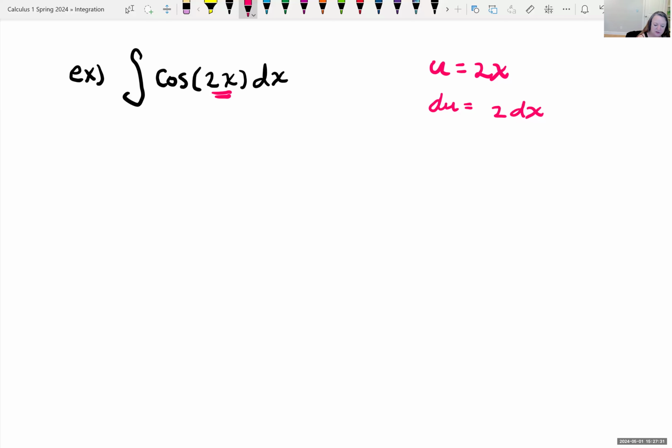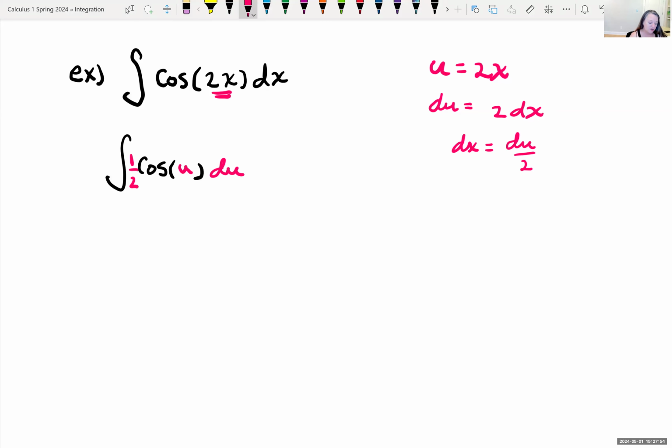Let's divide by 2, so I get dx is equal to du divided by 2. So integrating this is cosine of u times du over 2, and I can pull that 1/2 out front.